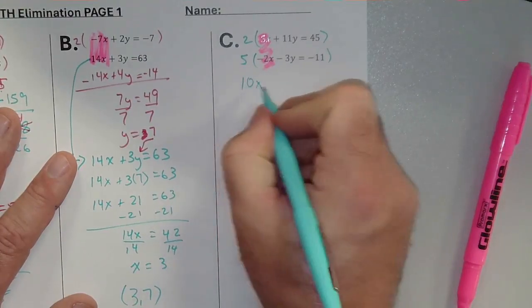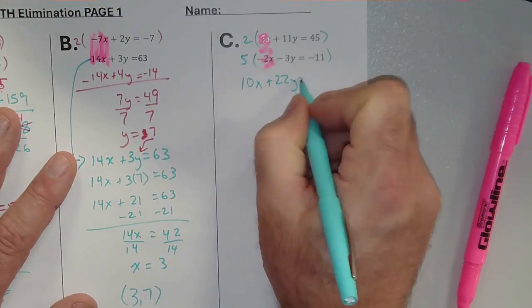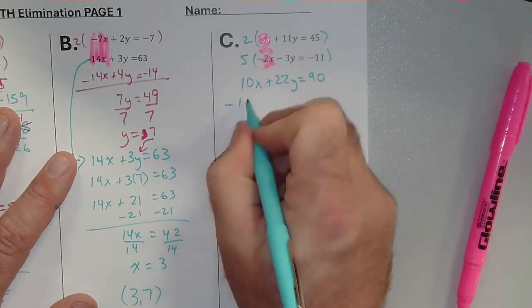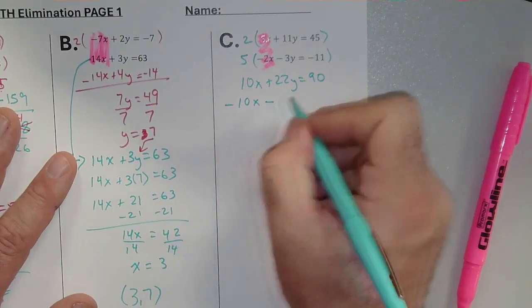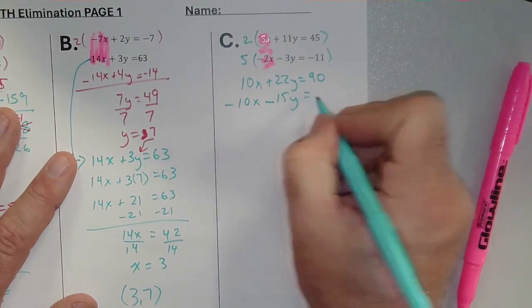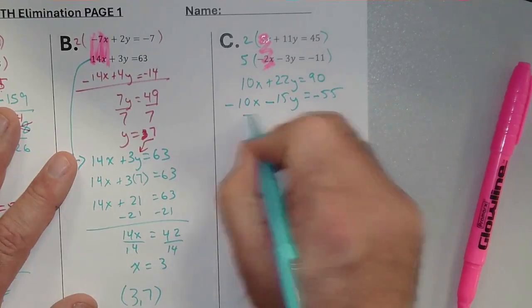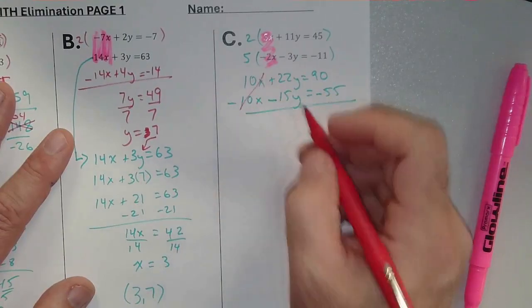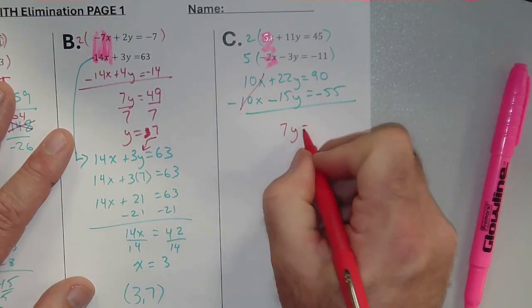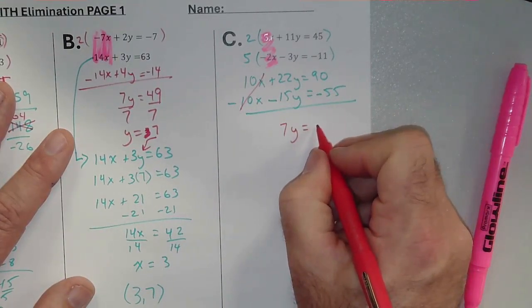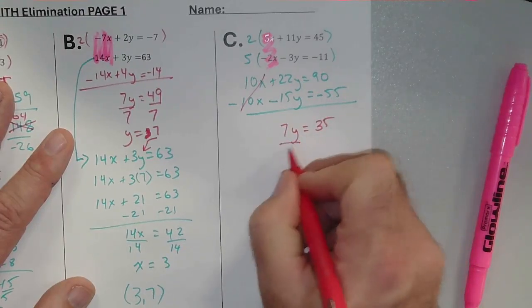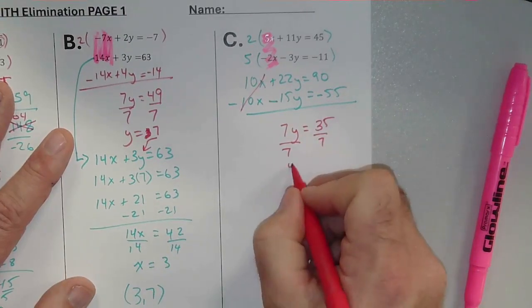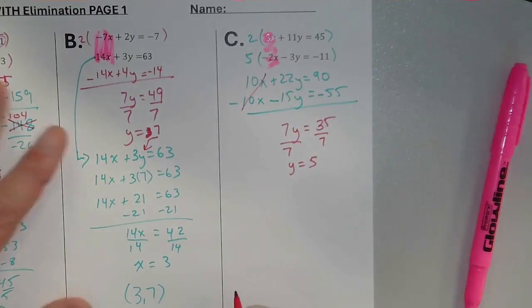So I've got 10x plus 22y equals 90, and I've got negative 10x minus 15y equals negative 55. Whoa, boy. These get eliminated, leaving us 7y equals 35. Divide by 7, y equals 5.